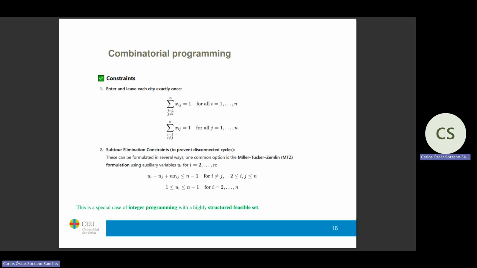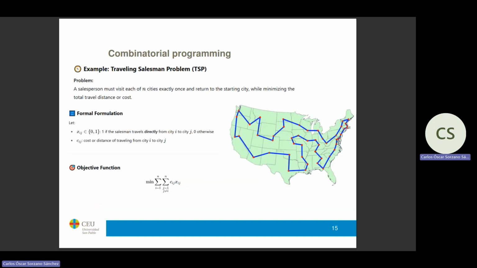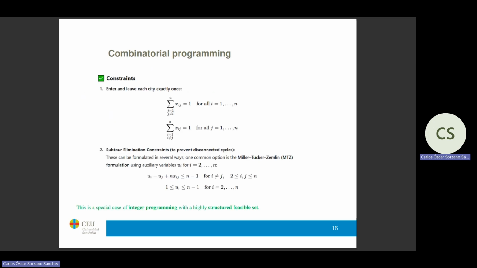And then there is a problem. If you leave your constraints here, there might be a solution that just creates cycles, and these cycles are disconnected. To avoid this disconnection, you have to put in an extra constraint.